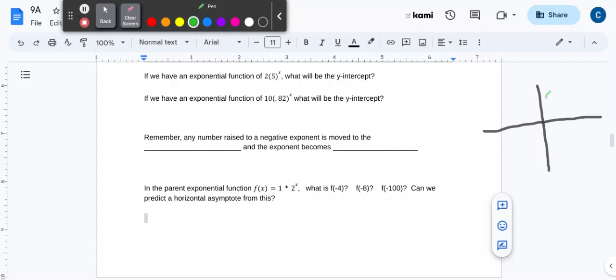We have a y-intercept at 1. It comes up like this and comes down here like that. So think about the horizontal asymptote as we come this way.